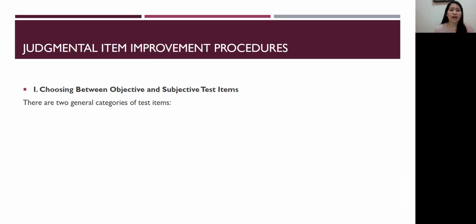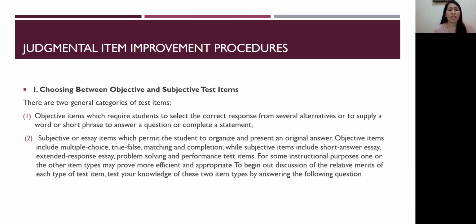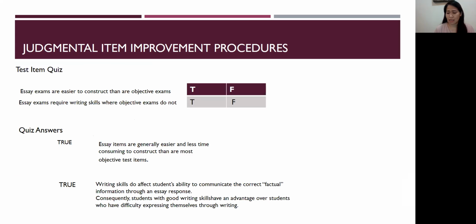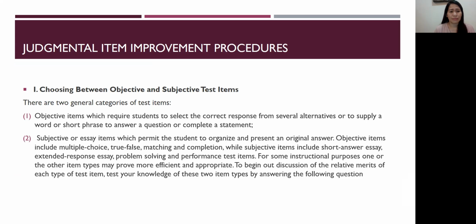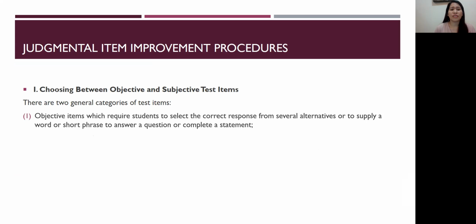Choosing between objective and subjective test items. There are two general categories of test items. Number 1, objective items, which require students to select the correct response from several alternatives or to supply a word or short phrase to answer a question or complete a statement.